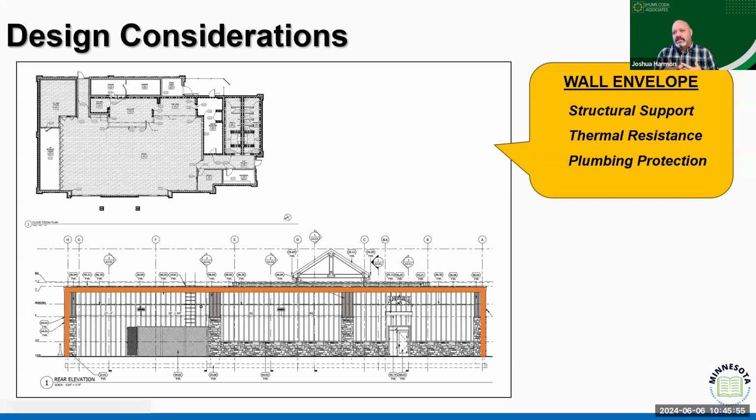And one of the key considerations that we have to think about is not only how it is structurally supported and what the thermal resistance is, but also concepts like, and I use plumbing as the example, protection of different MEPs and different systems within that building, right? If we're not protecting and considering maybe the whole building as a system, then there's the potential that our building thermal envelope will not adequately protect systems like our plumbing.